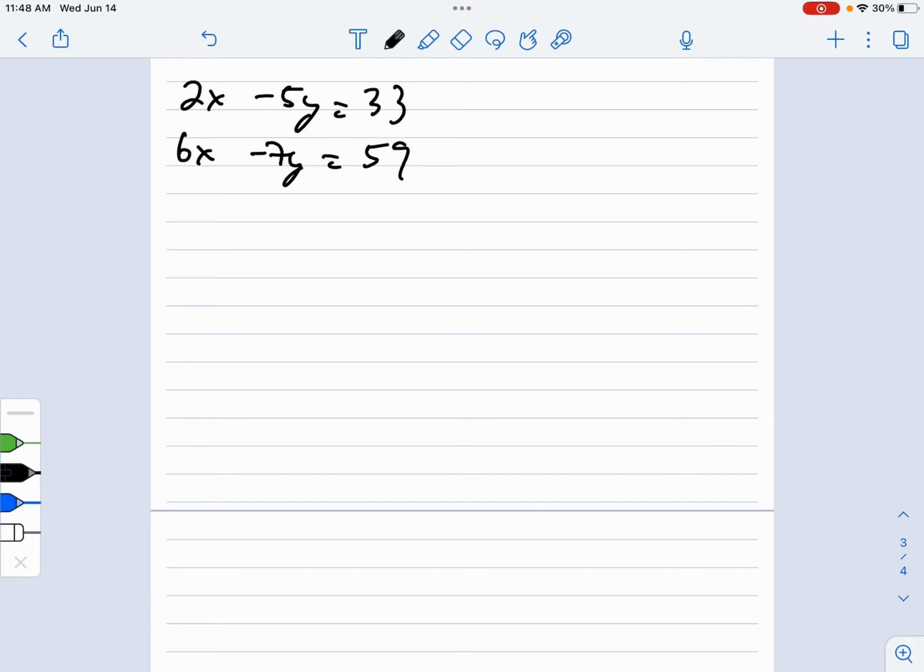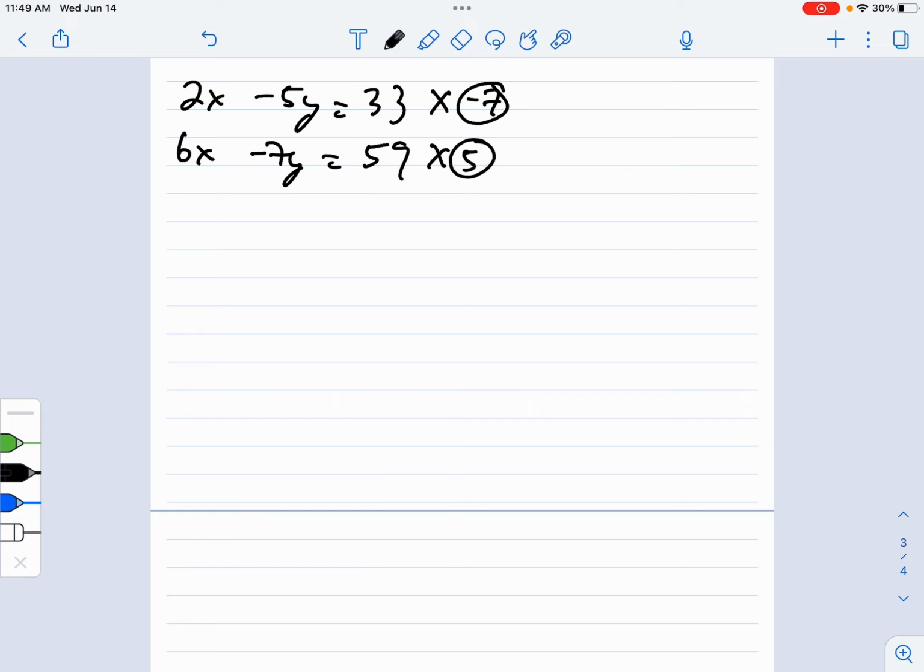So here's what we often do, and this works for eliminating a variable in any of these equations. I'm going to take the top equation and multiply it by -7, and the bottom one by 5.